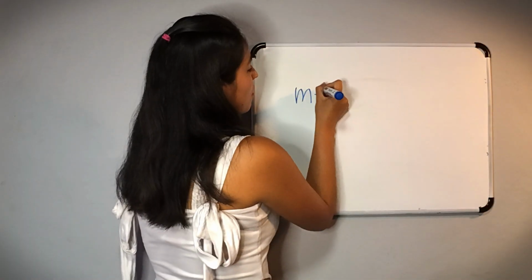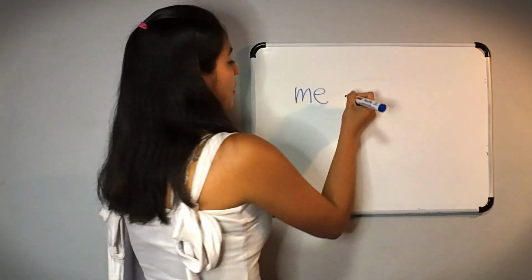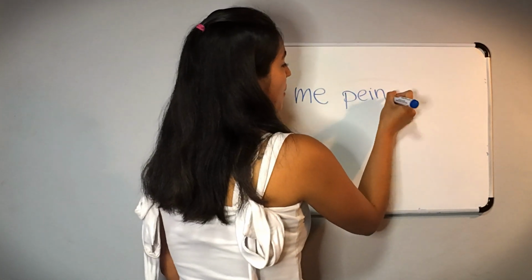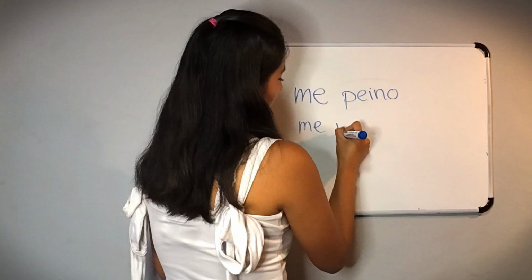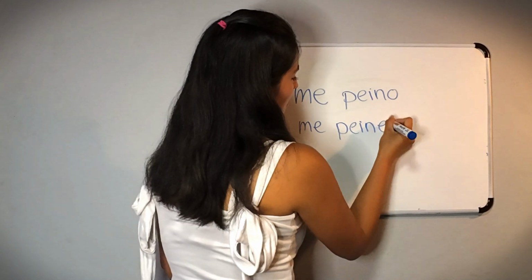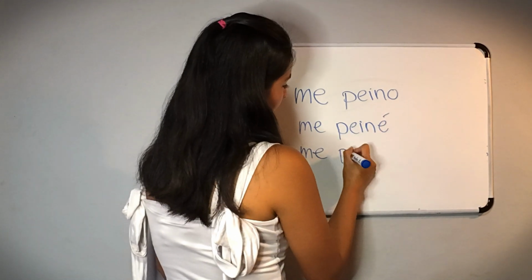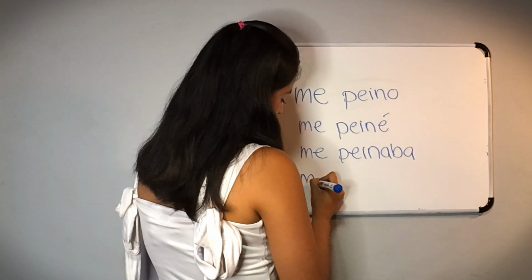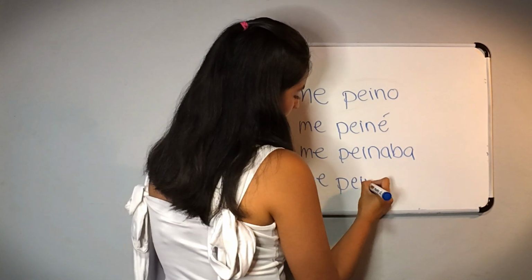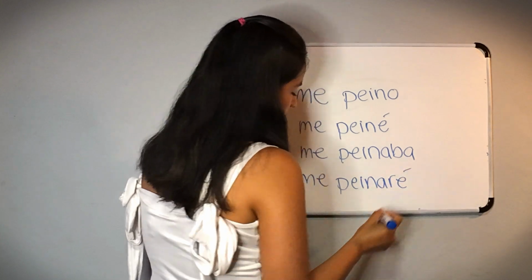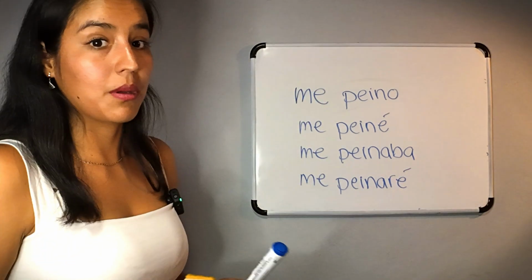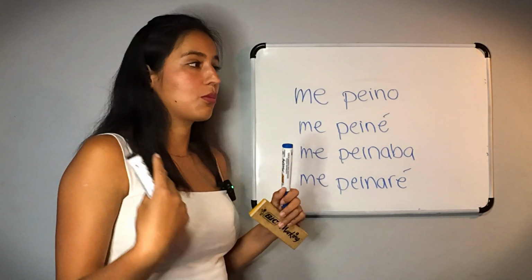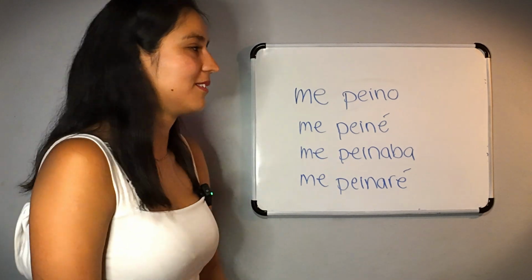When it's the normal form, you're just using one verb. Me peino, me peiné, me peinaba, me peinaré. Remember, I'm skipping the pronoun here because we are already super pro, because we already probably have like 10 minutes of this video.